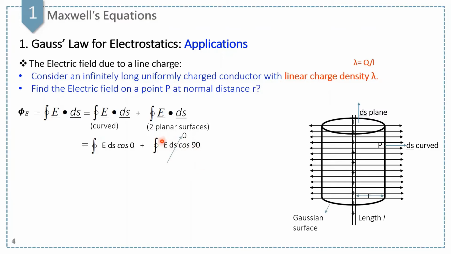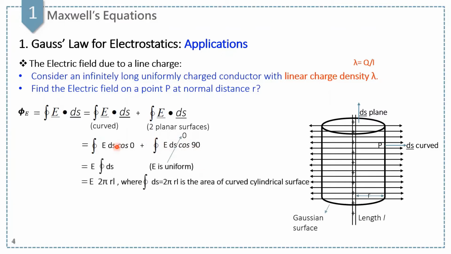So this whole term will become 0. As a result, you can see we have our only contribution from the curved surface to the flux, and that is E 2 pi rL, where 2 pi rL is the area of the curved cylinder surface.